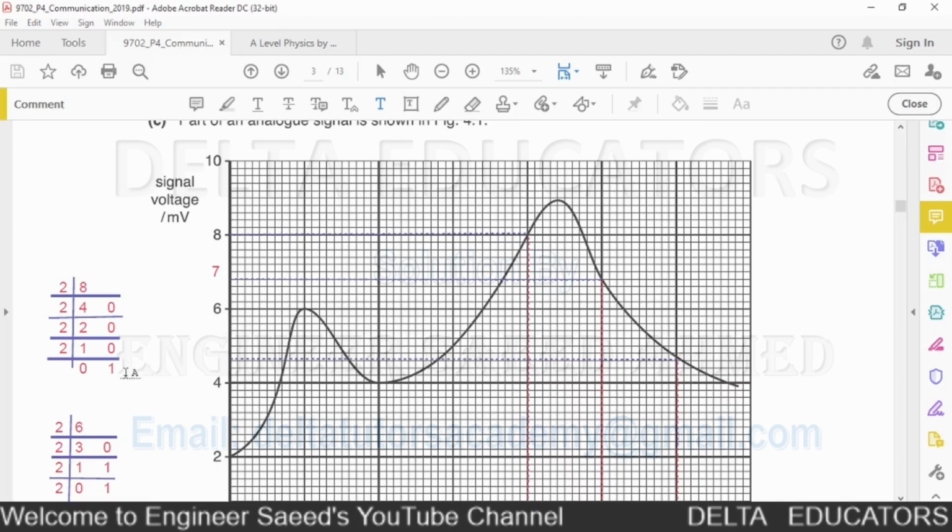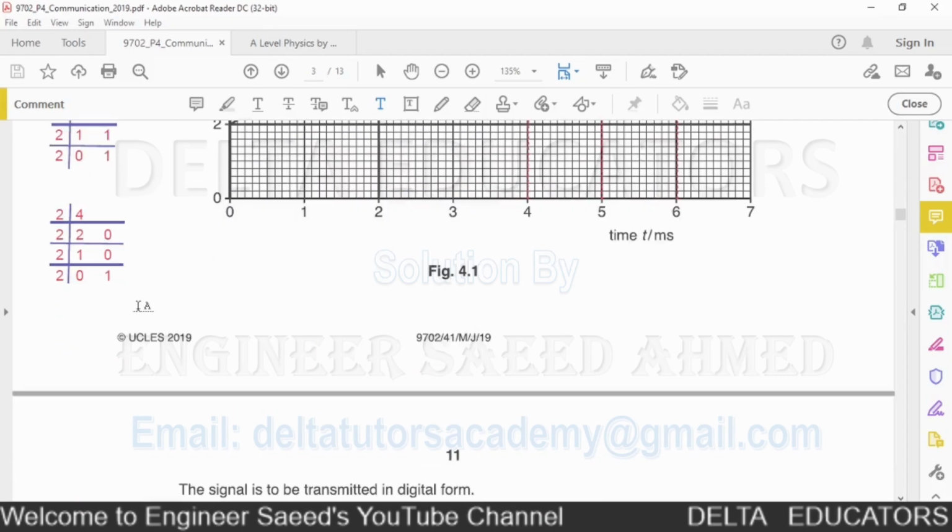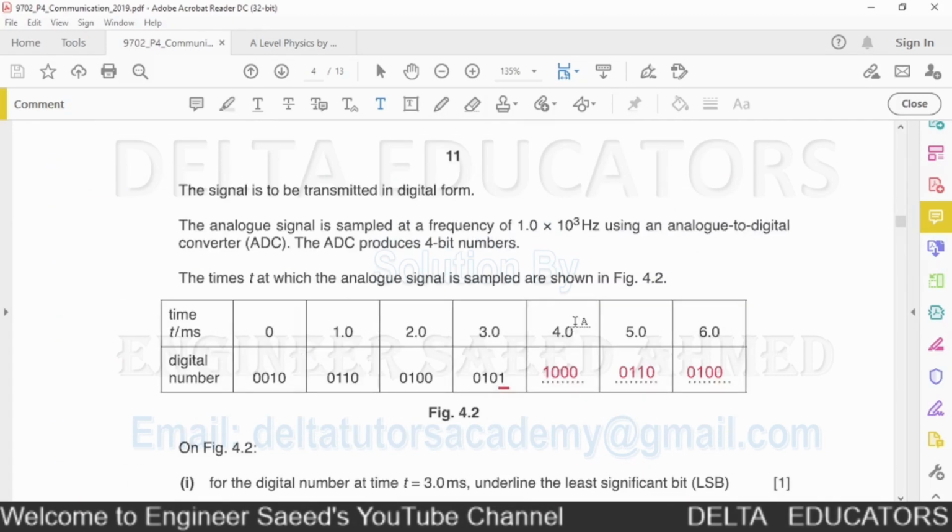At the bottom we have 1, and moving towards the top we have 0, then 0, and again on top 0. So in digital form the number will be 1000. So at t equal to 4 millisecond, the digital number is 1000.